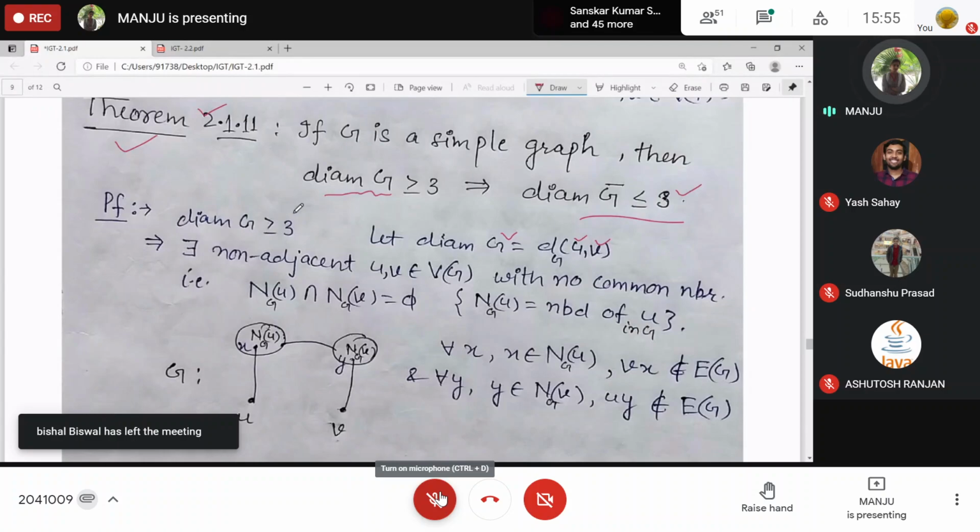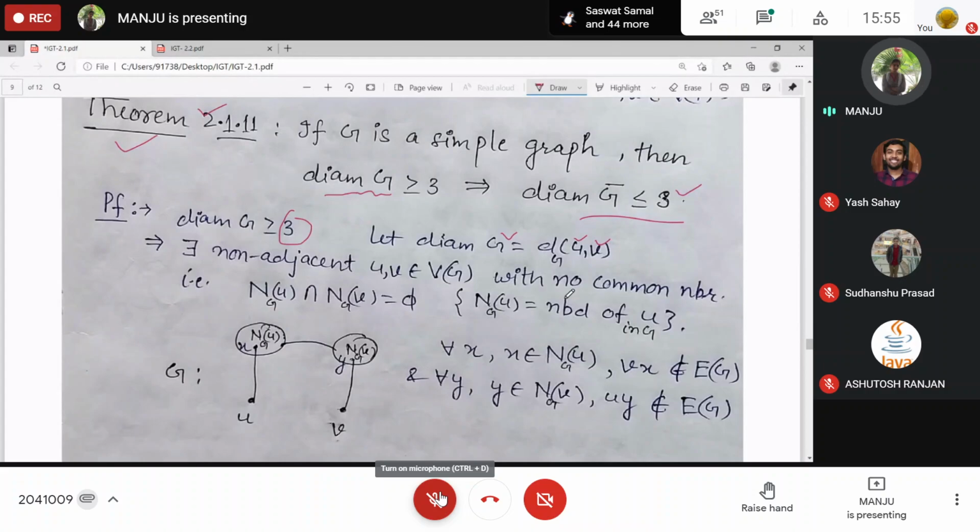So if it is at least 3, it means there exist non-adjacent vertices without a common neighbor. Otherwise, if there were a common neighbor, the distance would remain 2, right? We find the shortest path length. So 2 is not the case, which means there exist two non-adjacent vertices U and V without a common neighbor.